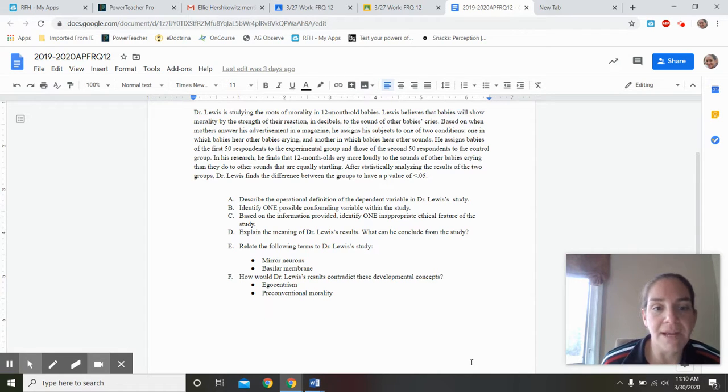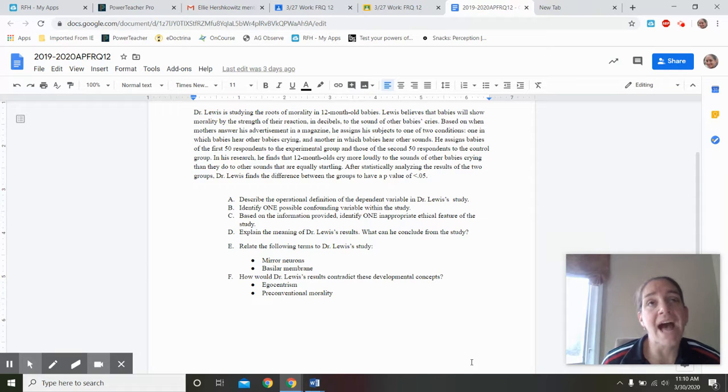Dr. Lewis assigns babies of the first 50 respondents to the experimental group and those of the second 50 respondents to the control group. Maybe the mothers of the first 50 respondents are just more type A individuals, right? They're kind of neurotic and therefore they might have children who have natural temperaments that are going to mirror that, and that is going to skew the results.